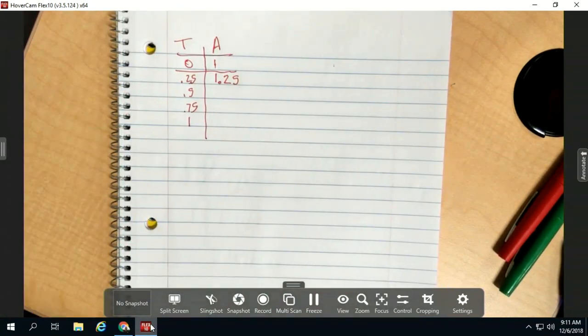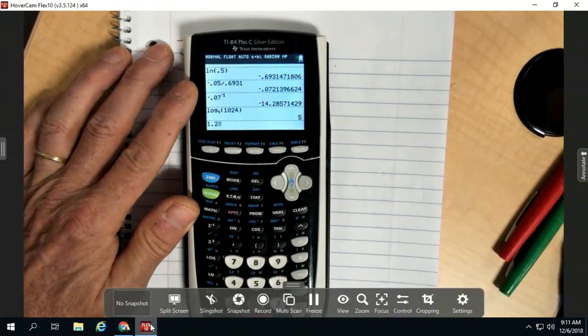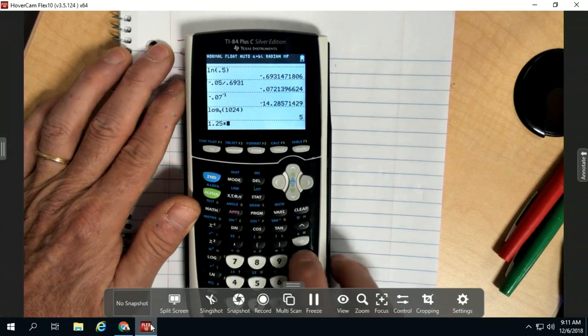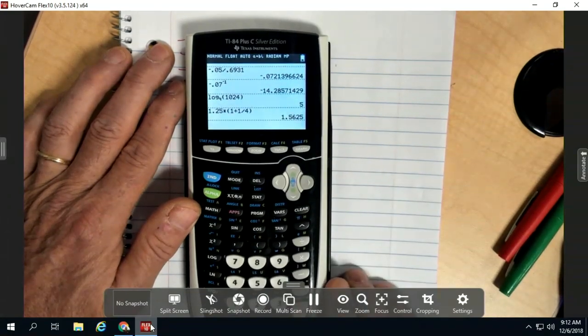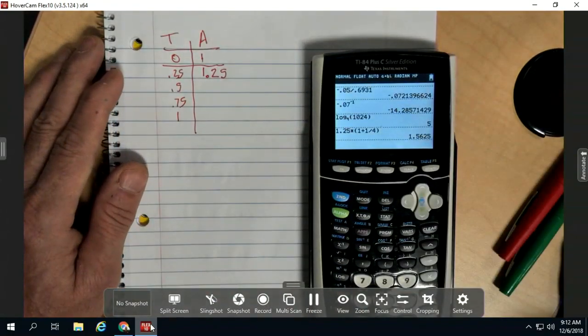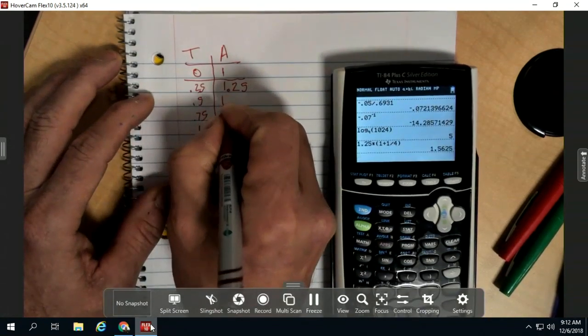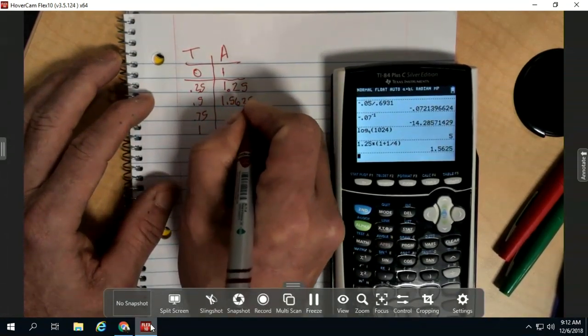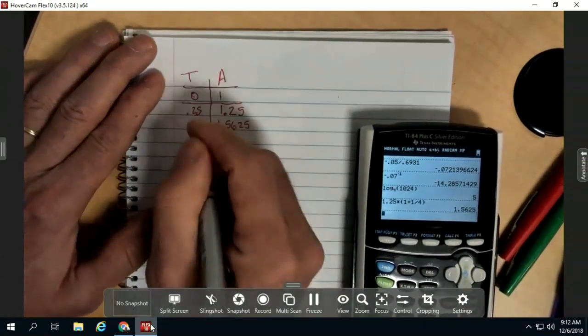1.25, right? Now we need our calculators, and we're going to take that 1.25 times 1 plus a quarter, right? And we get 1.5625. Is there another way that you can do that math?